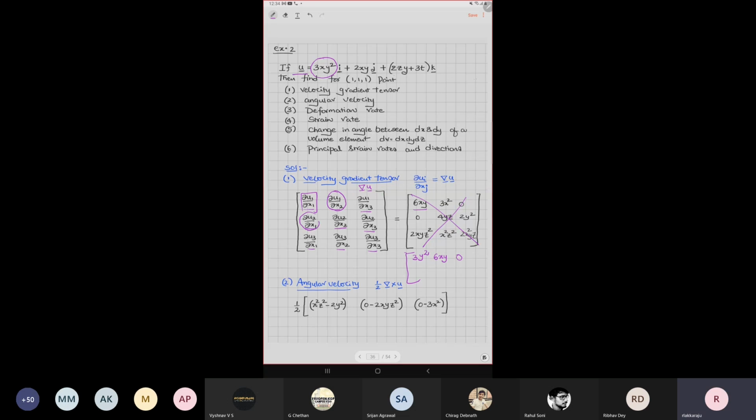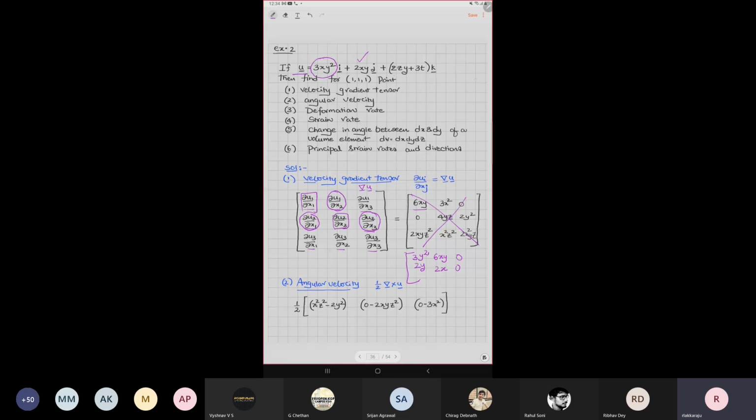Del u2 by del x1, del u2 is this one with respect to x1, that means with respect to x, 2y. Del u2 by del x2 with respect to y, 2x. The next component is del u2 by del x3 with respect to z, that is 0.